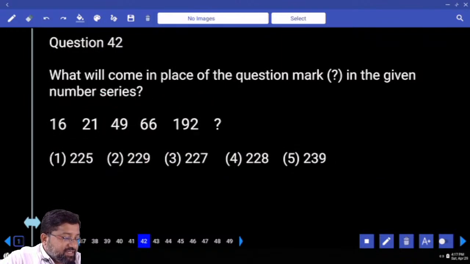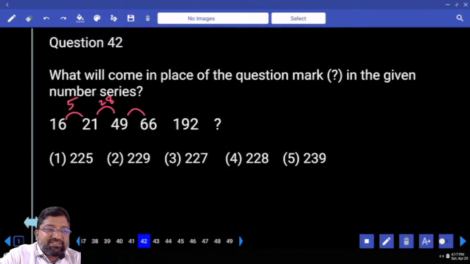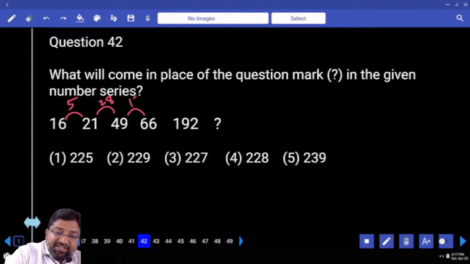Next: increasing order or decreasing order? Increasing. Huge increase or gradual increase? Gradual. I'll go with the difference. 5, how much is this? 28. How much is this? 17. And how much is this? 126.